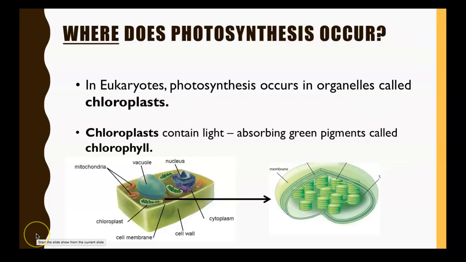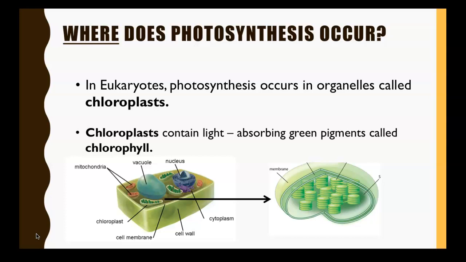All right. Okay, so now what we're going to talk about is where does photosynthesis occur in plants, bacteria, and some protists and algae that all go through photosynthesis. And in eukaryotic organisms, photosynthesis occurs in organelles called chloroplasts.